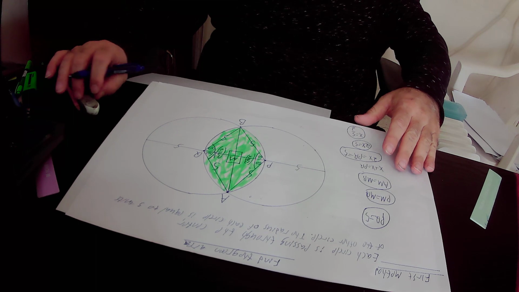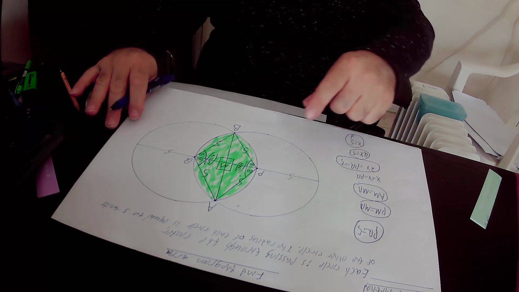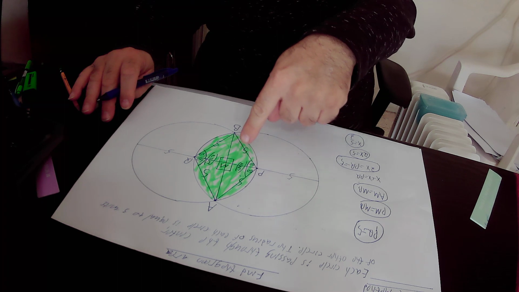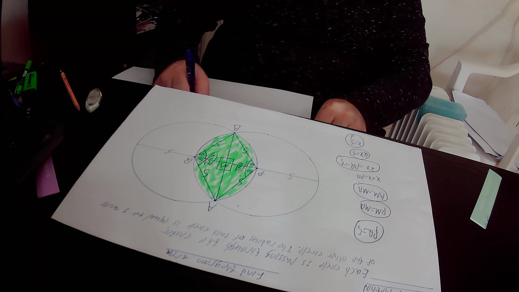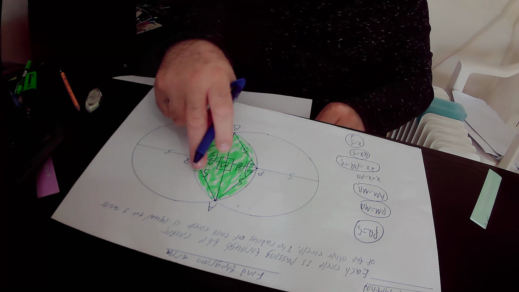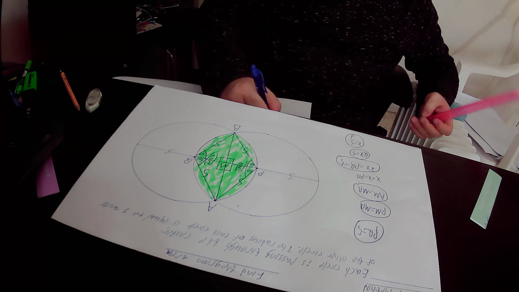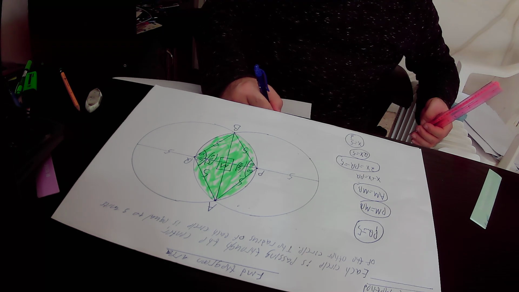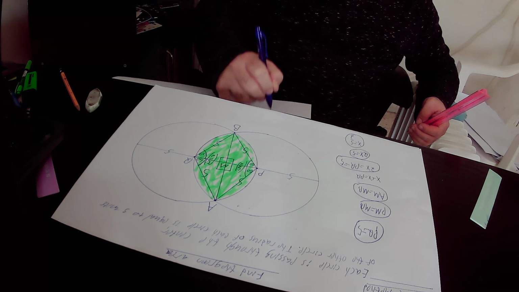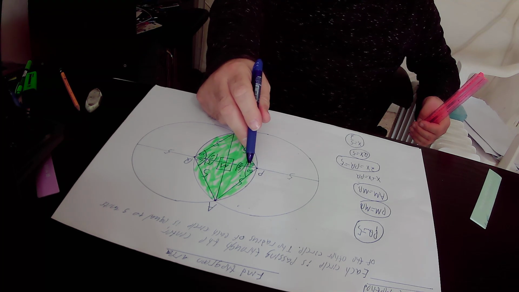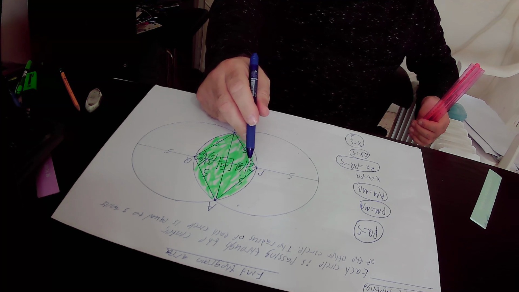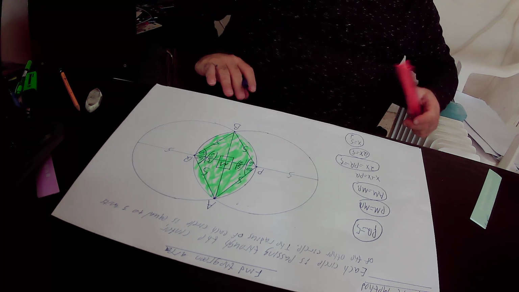And what is the area of sector APB? The area of sector APB, this sector, will be equal to pi r squared times 60 degrees plus 60 degrees, that is 120 degrees, over 360 degrees.